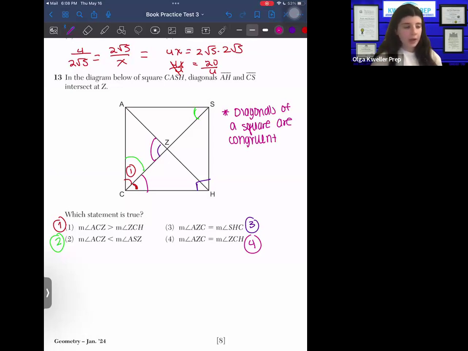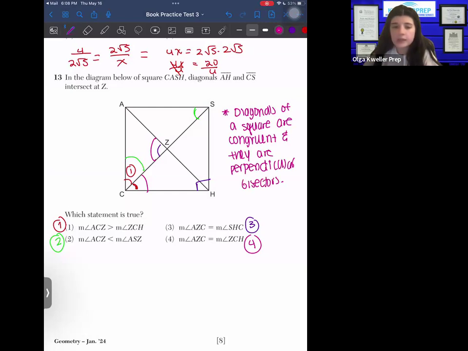They're perpendicular bisectors of each other. It's just a rule that you have to memorize. They're congruent and they are perpendicular bisectors. Excellent. So whenever I see diagonals of a square, what I do is I draw this for myself.